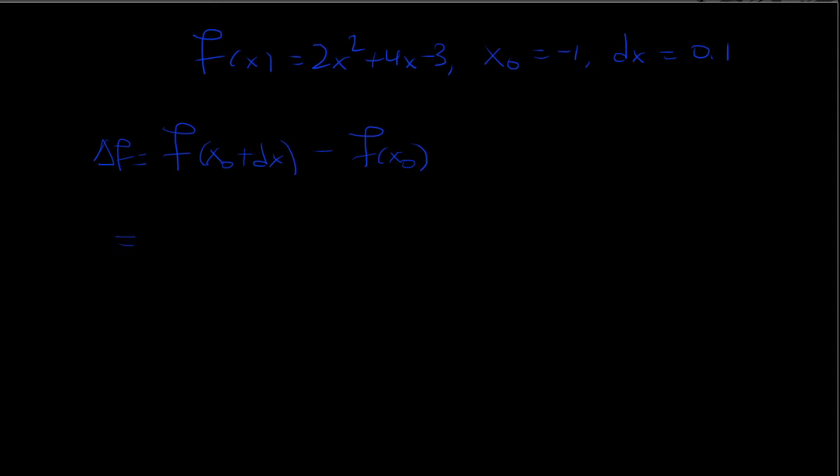Here x naught is negative 1, and so I'm going to be adding negative 1 with 0.1 to get negative 0.9, and then minus f of negative 1. Plug this in, I end up getting 0.02 as my change.